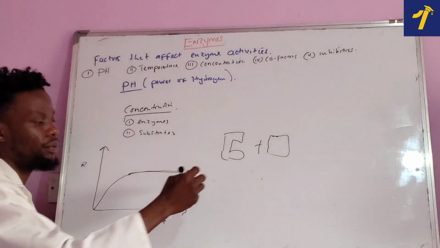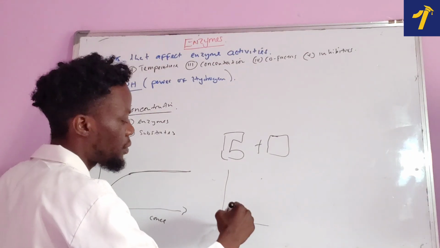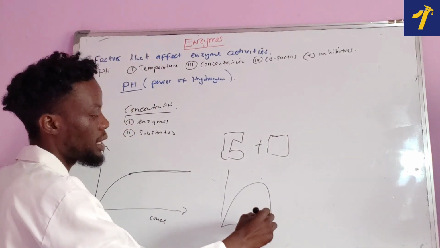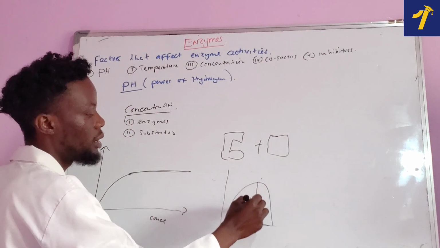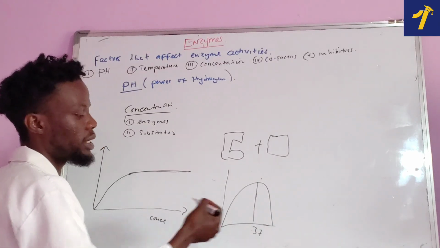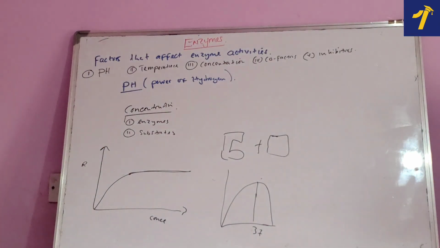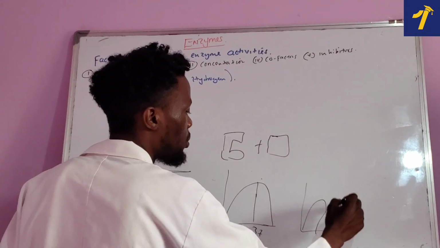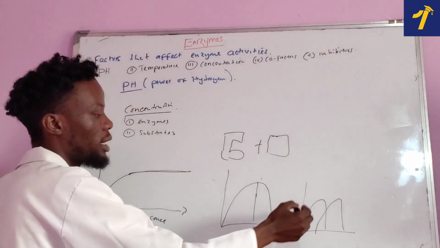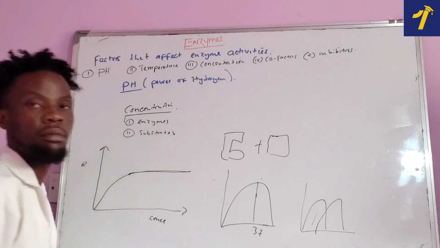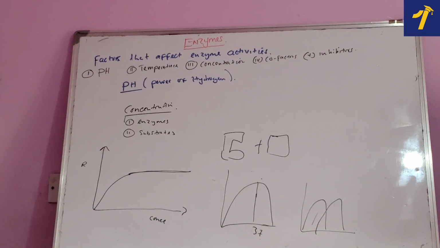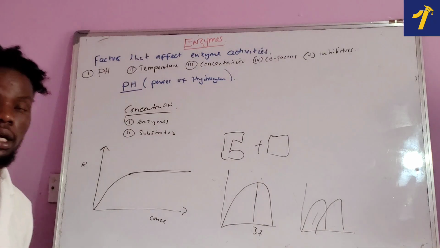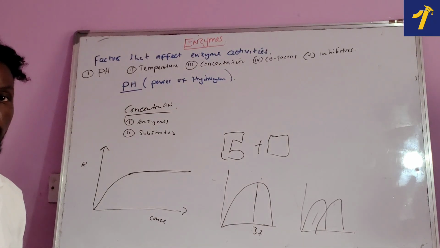Because if you remember, the graph for temperature was coming down because it was exceeding 37 degrees Celsius. If you also remember the graph for pH, it was also decreasing like that, because we are changing the pH values from maybe alkaline to acidic, or from acidic to alkaline.